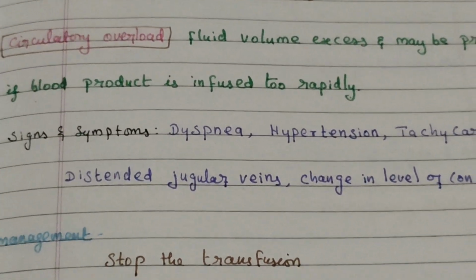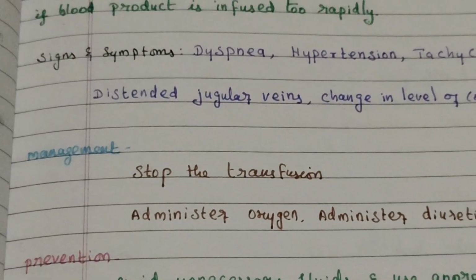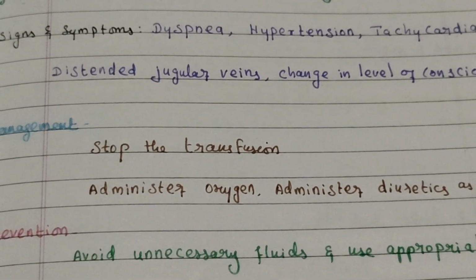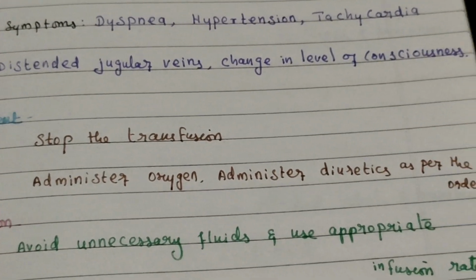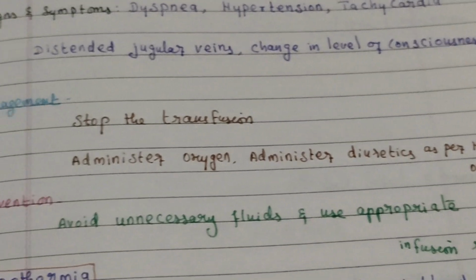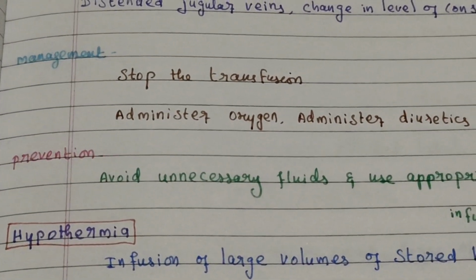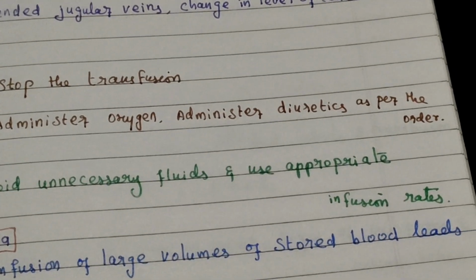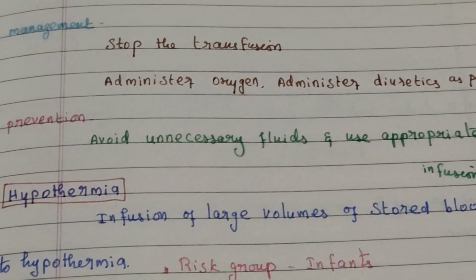Then how to manage circulatory overload? Stop the transfusion, administer oxygen, then a diuretic as per the order. Then preventive method: avoid unnecessary fluid and use appropriate infusion rate.